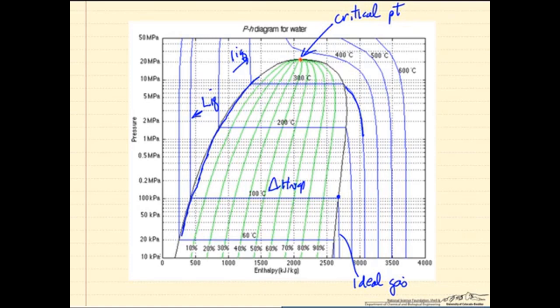So down here at the low pressures, again, it's behaving like an ideal gas. Enthalpy is independent of pressure. But at the higher pressures, and of course these are pretty high pressures, 2 megapascals is 20 bar pressure, and we go from 2 megapascals up to about, say, 8 megapascals, there's a significant change in enthalpy.